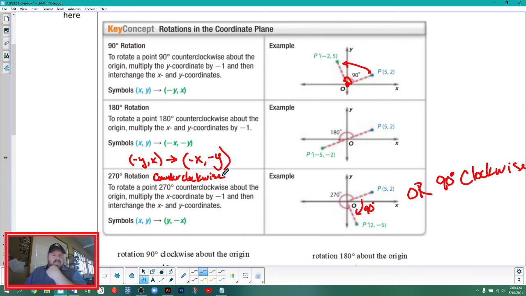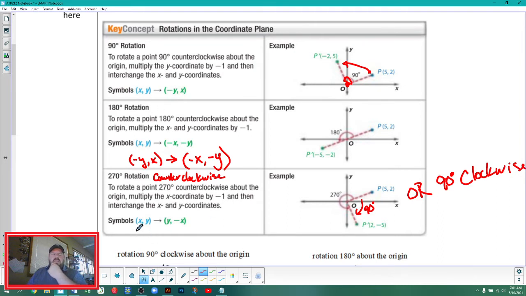So then to do that rotation, you can either take your 180-degree rotation and do the 90 rule again, or what's probably more common is to just know this rule. It's to take (x, y), make the x coordinate negative, or the opposite of the x, and then switch positions. So it's kind of the opposite of what we did up here.